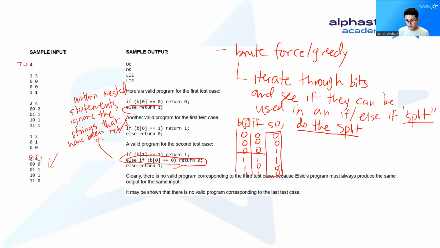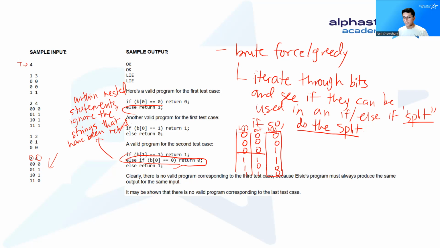So if these are our bits and this is our output, and let's say this is bk, then note that you could use either bj equals 0 or bk equals 0 to do a split right now, because all the bk equals zeros correspond to zeros, and all the bj equals zeros also correspond. Oh, actually, you could not do a split with this. Maybe do something like this. Yeah. So all the bk equals zeros correspond to zeros. So this is a great split.